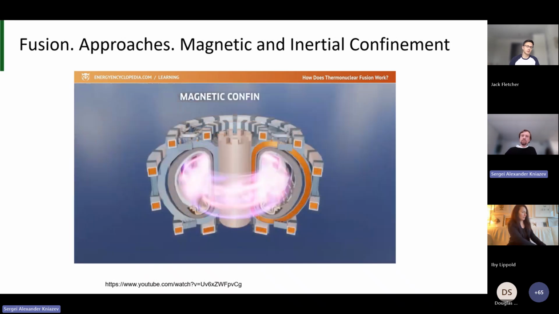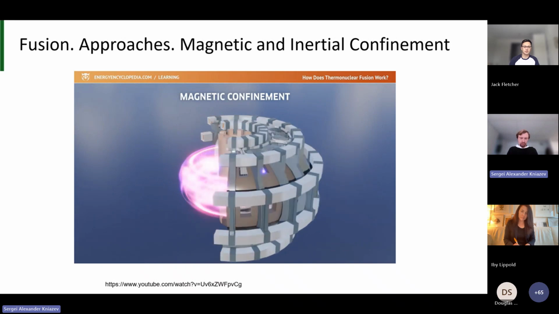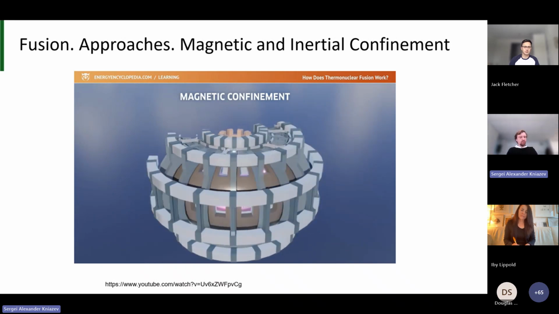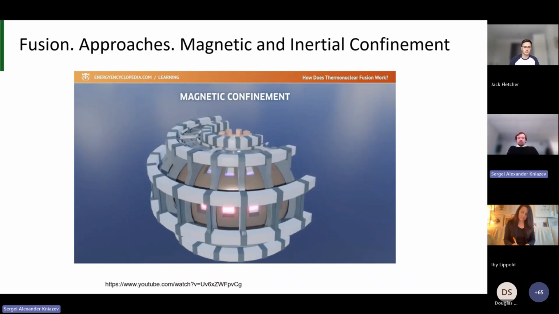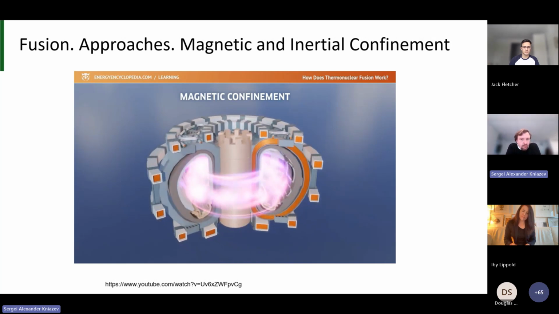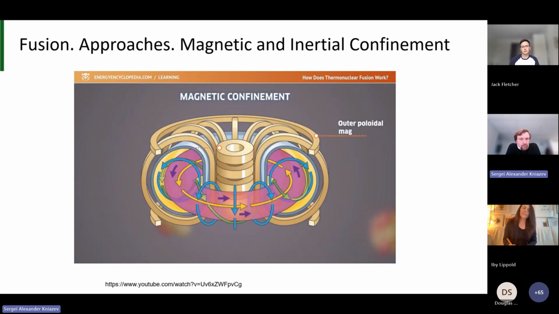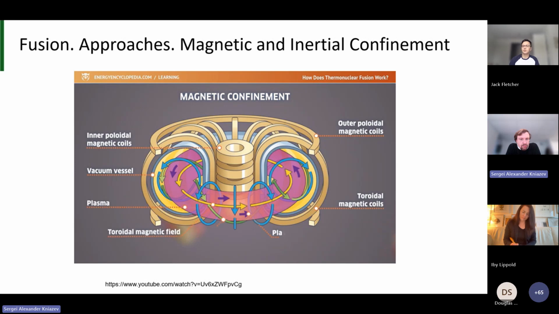In magnetic confinement, the plasma is enclosed in a reaction space formed by a magnetic field, where charged particles move along closed field lines and are heated to the fusion temperature. The magnetic field is chosen in this case because no solid material could withstand such high temperatures. Relatively lower plasma density is characteristic for magnetic confinement.